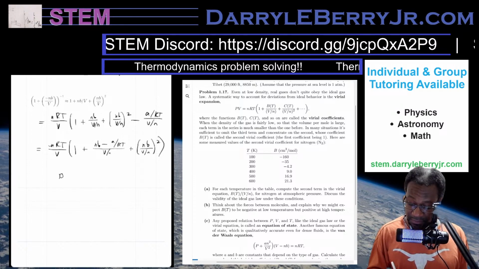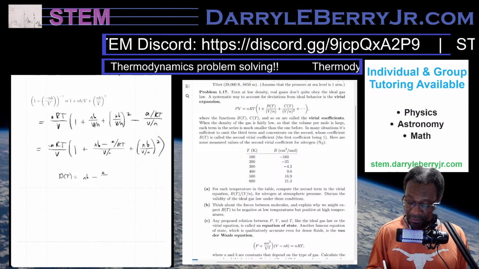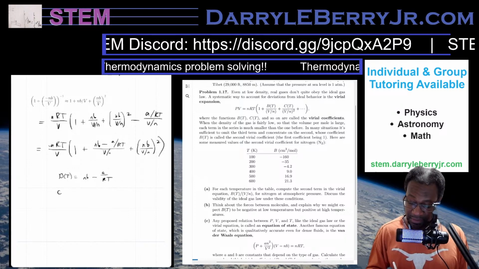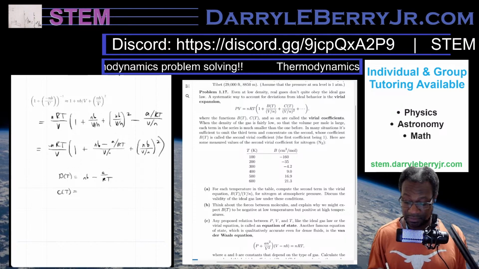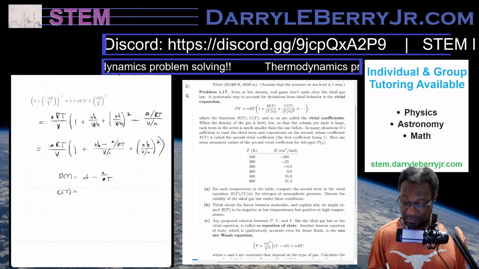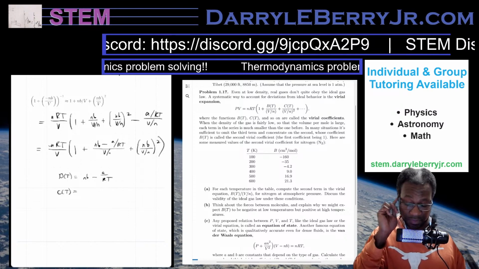So BT equals NB minus A over RT, and CT equals B squared, they said.